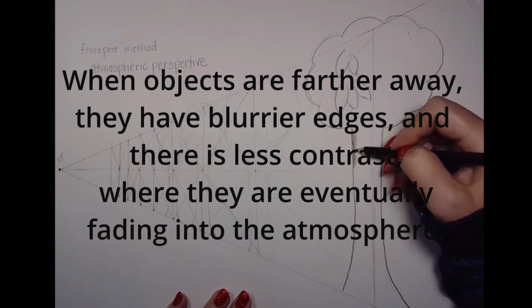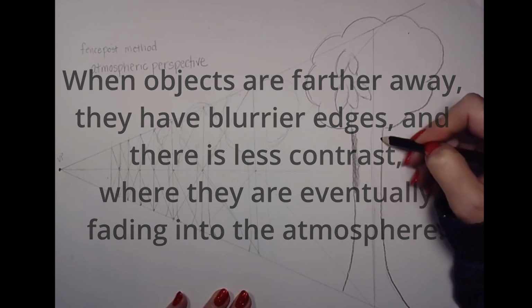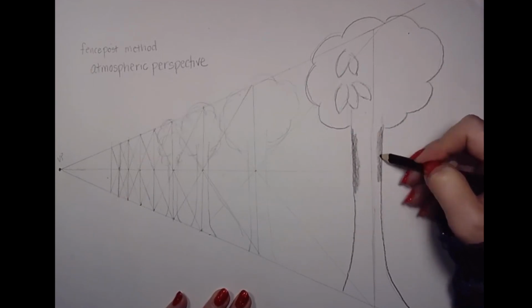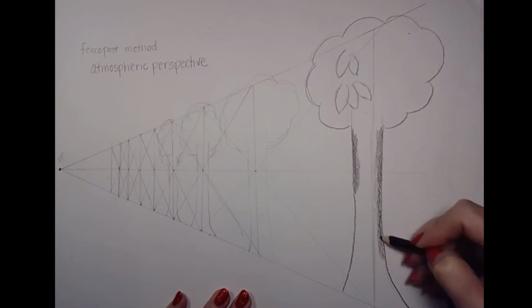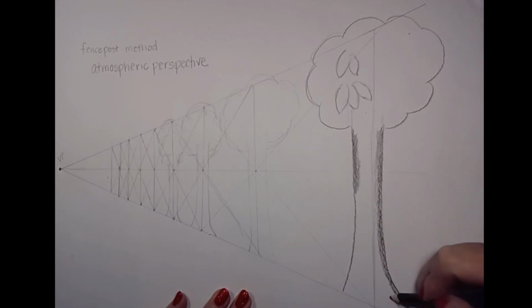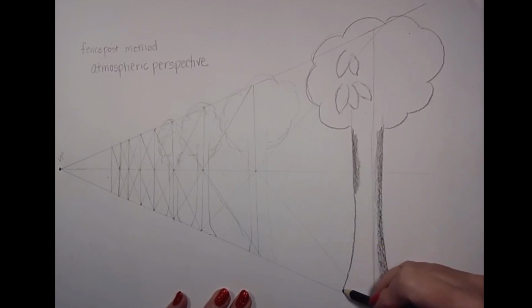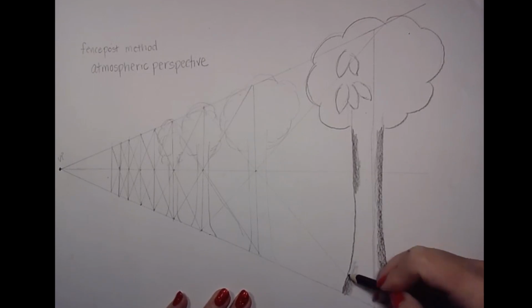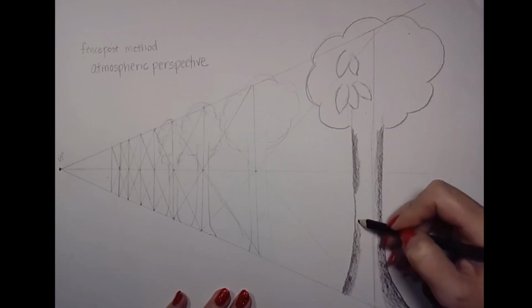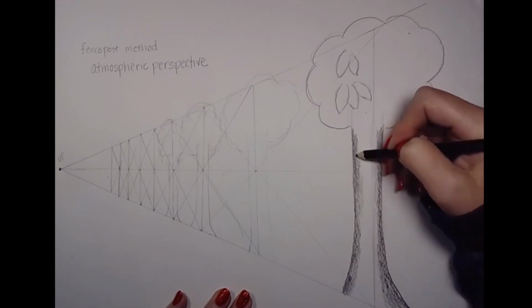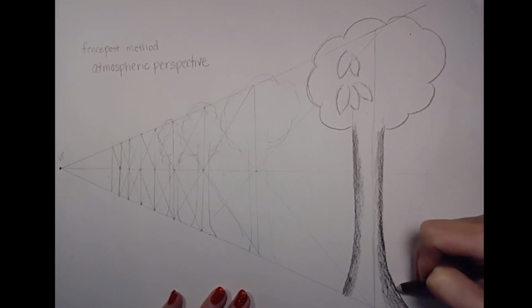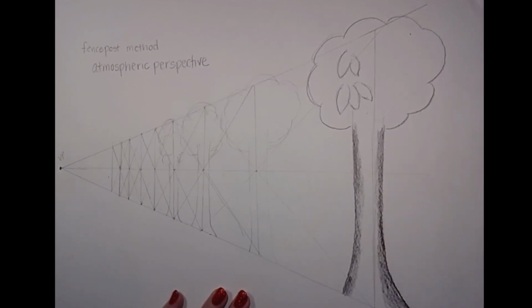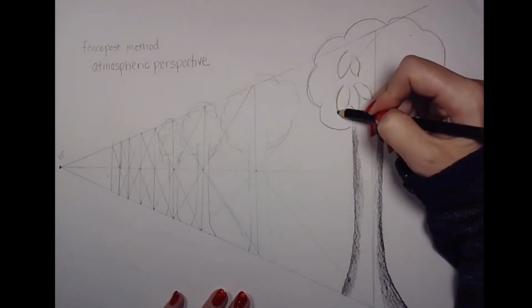So if there's shading on the tree, I'm trying to do this quickly, so it's just kind of a sketch to illustrate an idea. Okay. Say these leaves are kind of dark.